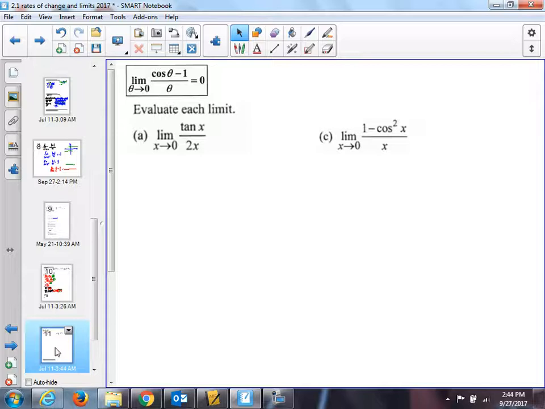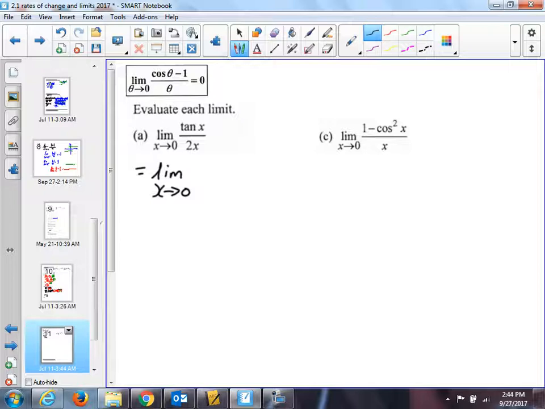Okay. Back to this. So the tangent function, I see it here, and I say I only know about sines and cosines, so I need to manipulate. So the limit of x approaching 0, as soon as I see this, I'm thinking sine of x over cosine of x. I'll do it in 2 steps. I was going to skip some steps. Gotta slow down.